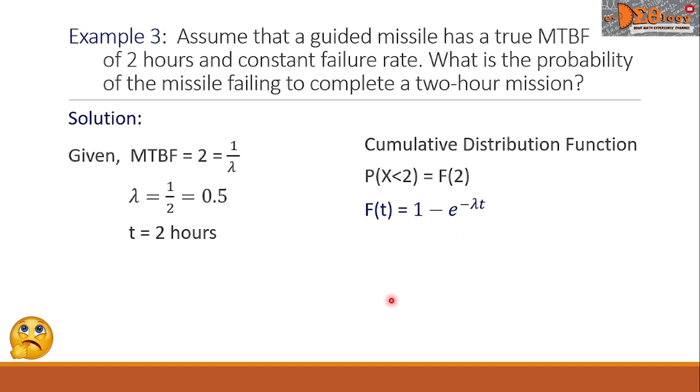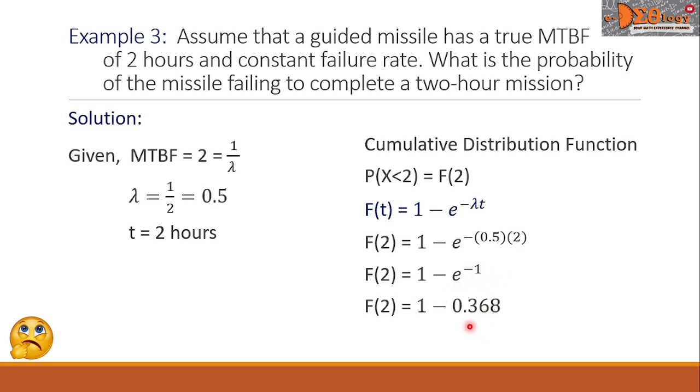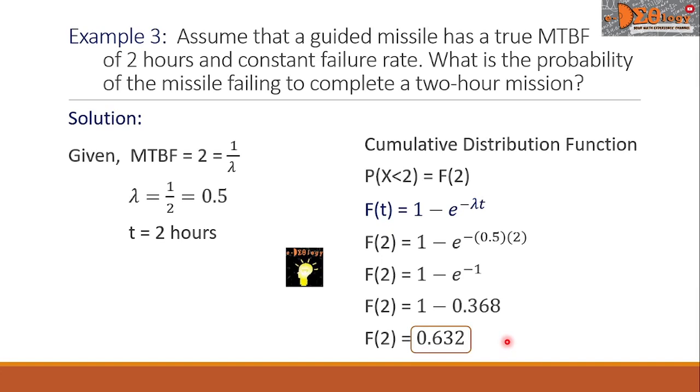When we substitute the values, it becomes F of 2 is equal to 1 minus e raised to the negative of the product 0.5 times 2. The exponent of e is simplified into negative 1. We simplify this e raised to negative 1 as 0.368. Then we get the difference. So it becomes 0.632. This is the final answer.